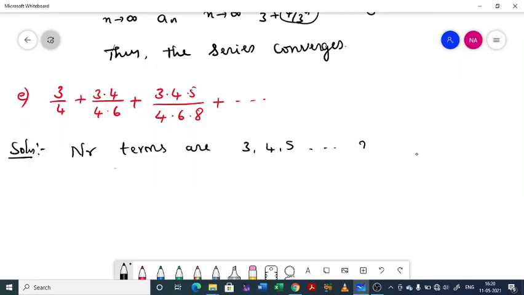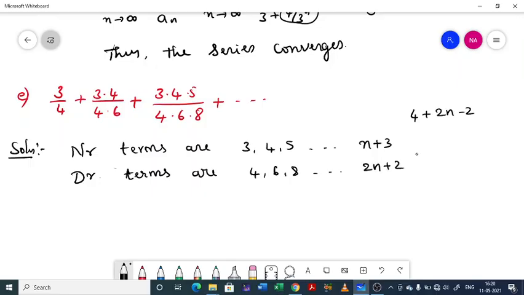You can check that the general term will be n plus 3. Denominator terms are 4 comma 6 comma 8 and so on. Here 4 is the first term, common difference 2, so 2n minus 2, so it is 2n plus 2. So we got the general term.